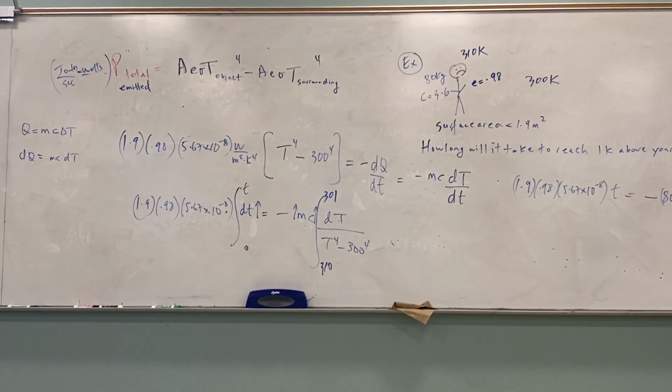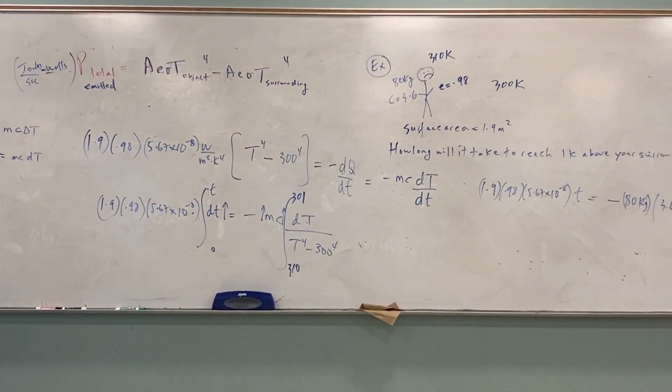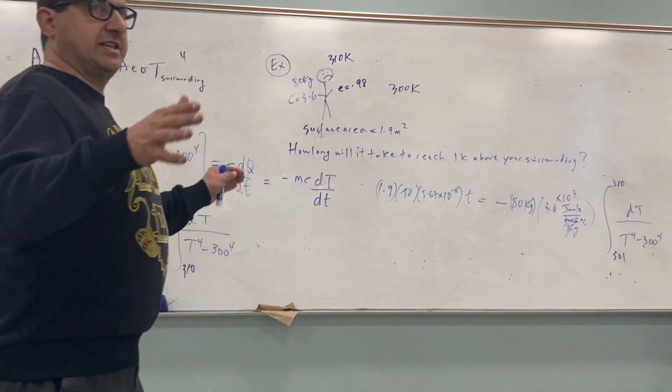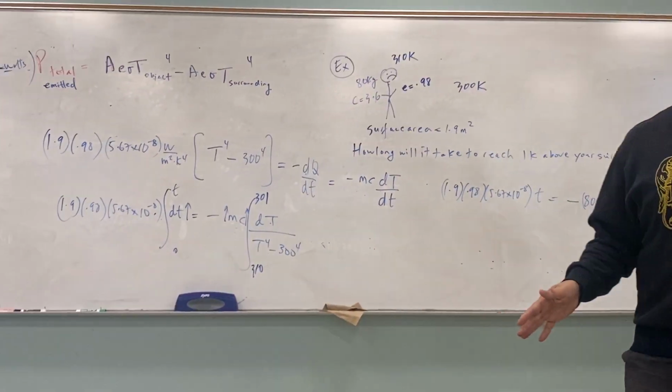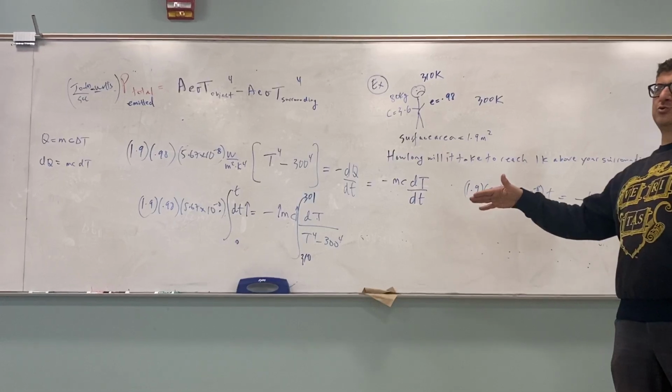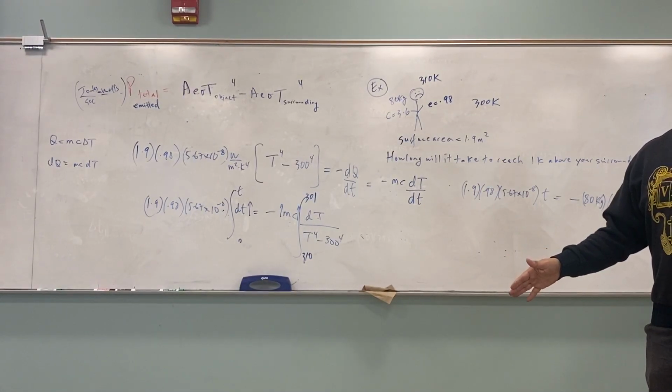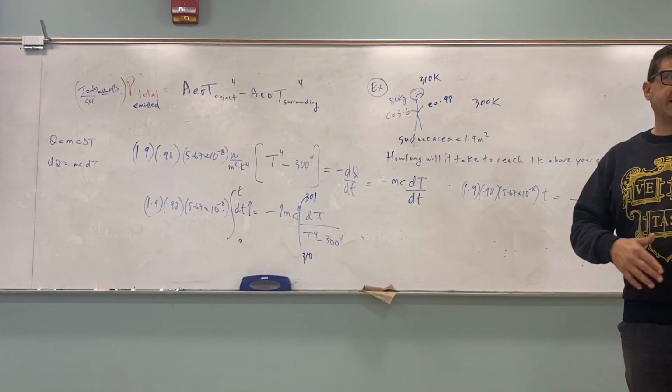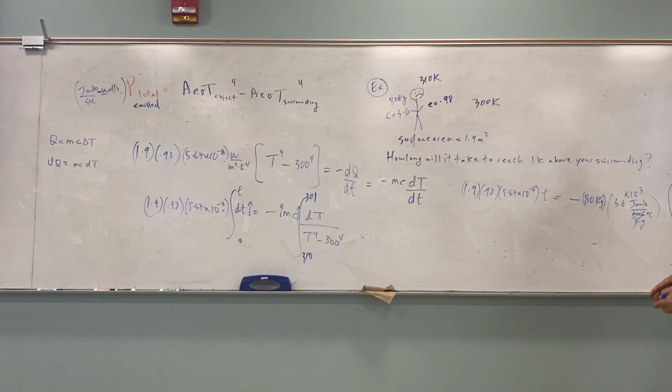It's cool. So this is calculating for us, what are we doing here? We're calculating how many seconds an average human would take to cool down to almost atmospheric temperature if you were a cold-blooded animal and you couldn't control your temperature.